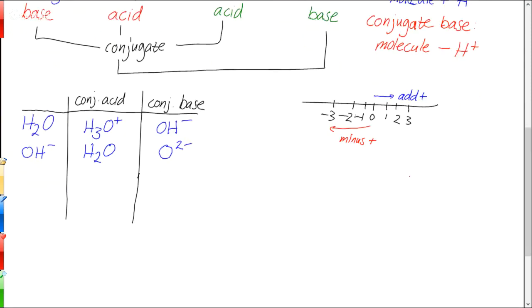Let's look at some other ones. What if we look at ammonia, NH3? Can we write in the conjugate acid and the conjugate base of NH3? Right, so for the conjugate acid, we're adding positive and we're adding an H, so we end up with NH4 plus.